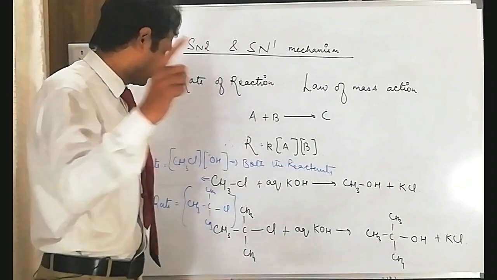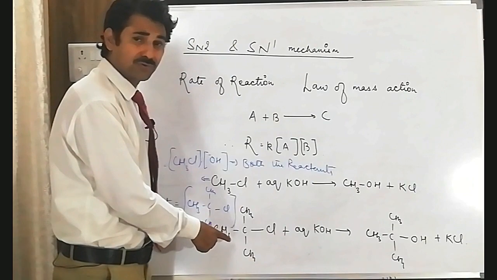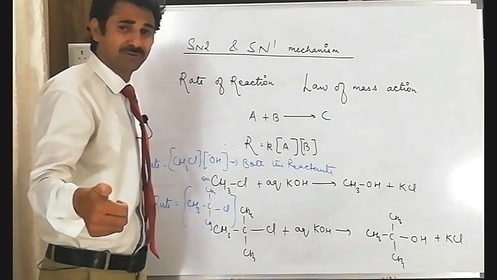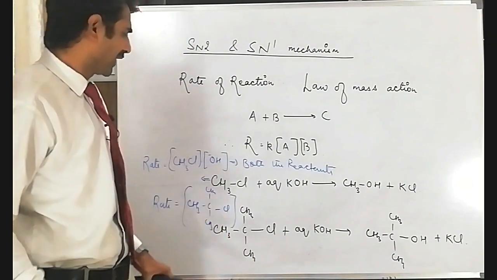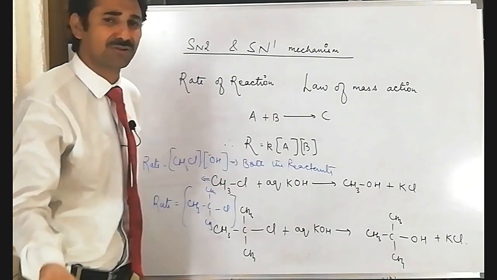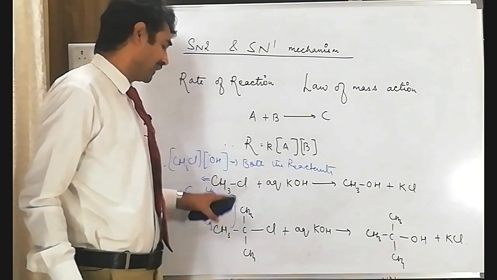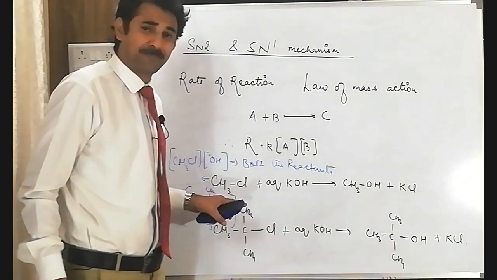Understood my point? Now the second most important part is, if we increase the concentration of tertiary halide, the rate would definitely increase. Why two different mechanisms? Why is methyl chloride not following the way tertiary halide is following? Or we can say, why is tertiary halide not following the case as with methyl chloride?